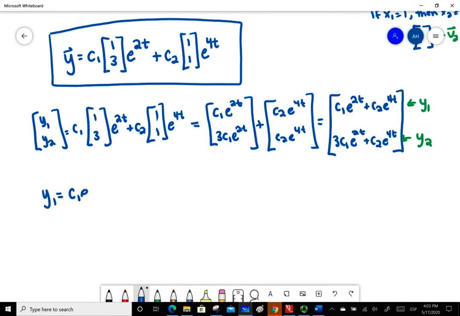So y1 is c1 e^(2t) + c2 e^(4t), and y2 is 3c1 e^(2t) + c2 e^(4t).